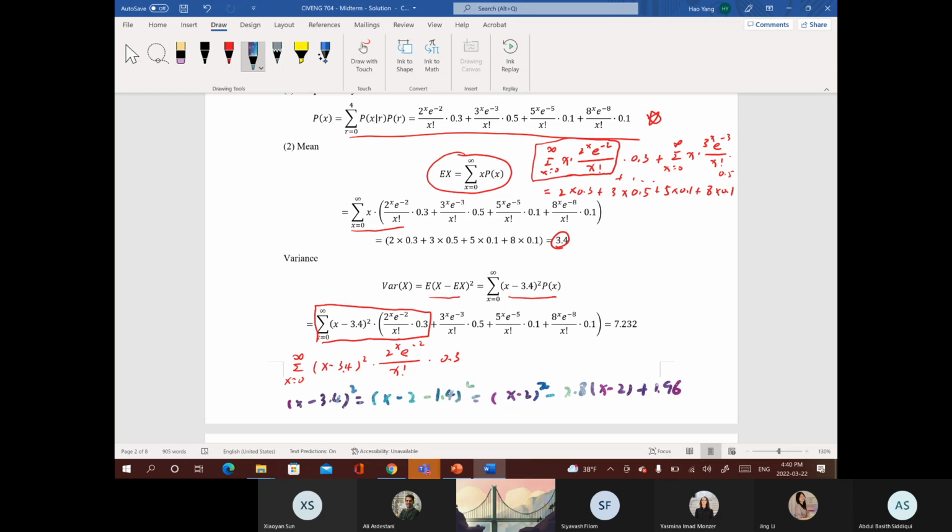And for the first component here, if we put this one with this part, it's just the variance of the Poisson distribution with lambda equal to 2.